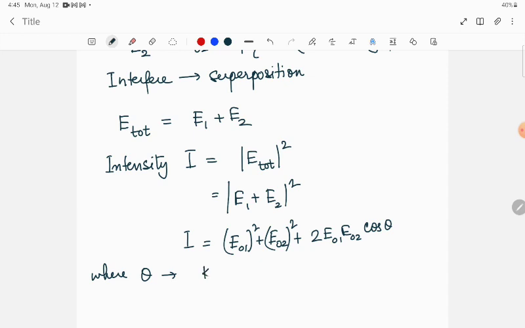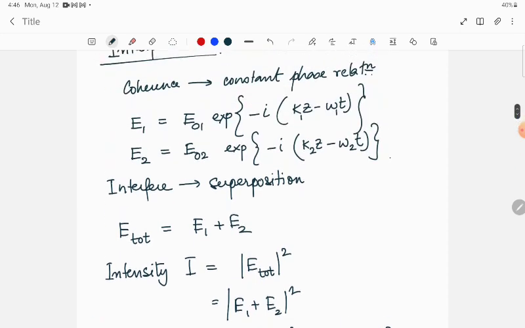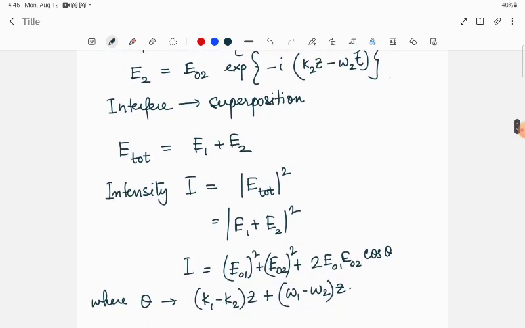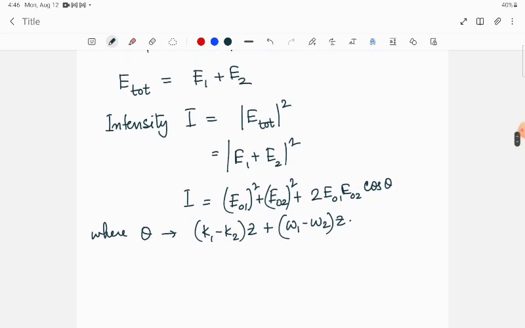So we had (k1 minus k2) z plus (omega 1 minus omega 2) t. If you plug the values of these two fields E1 and E2 into the equation and find the square, this is what you come to have.